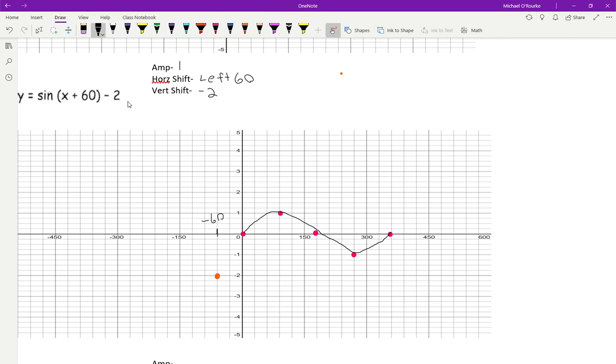Explain, what do you mean by how did I find that? Like on the graph. Oh. All these lines are 30. Okay? So this would be negative 30, negative 60.